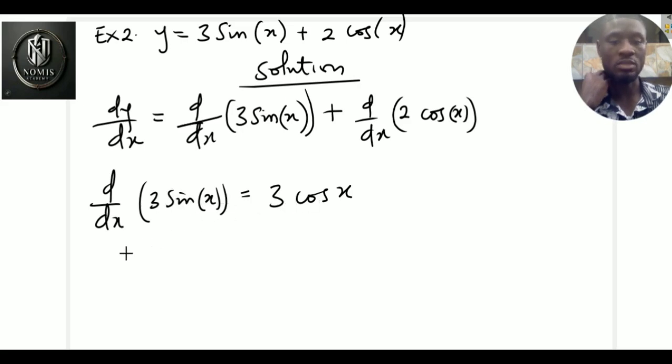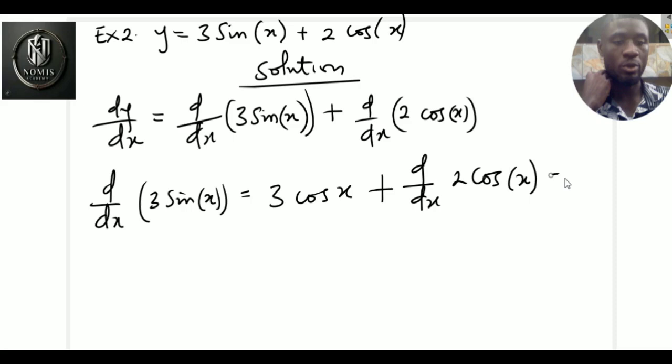So d/dx of the second one, so plus d/dx of 2 cos x.